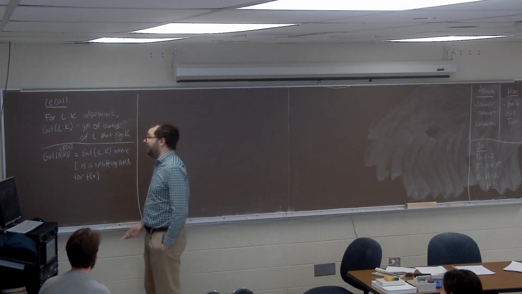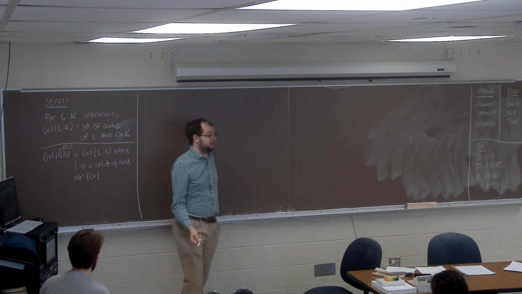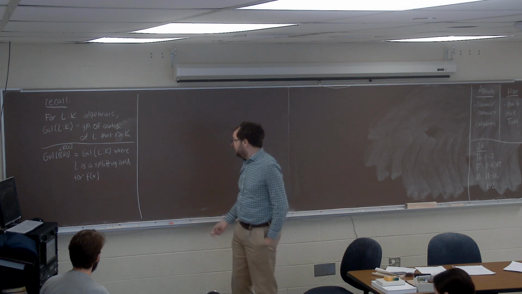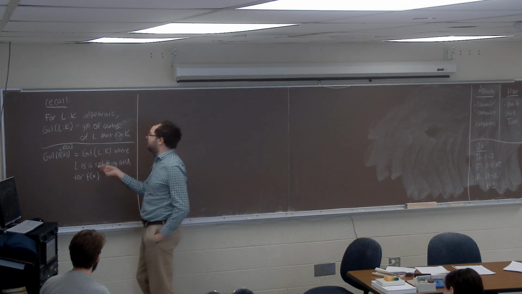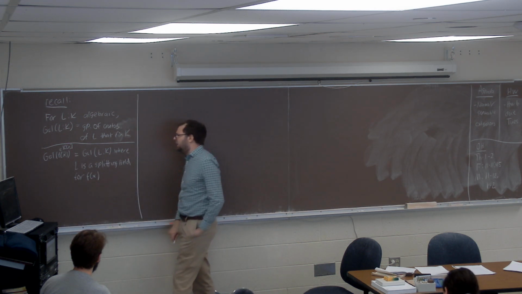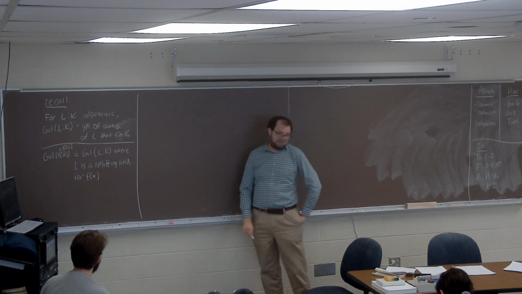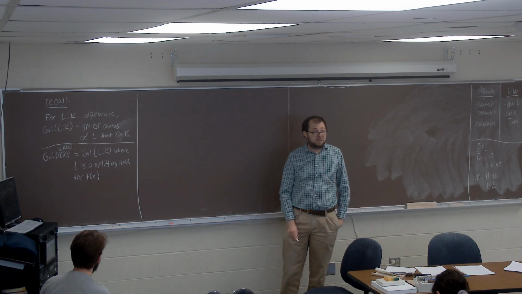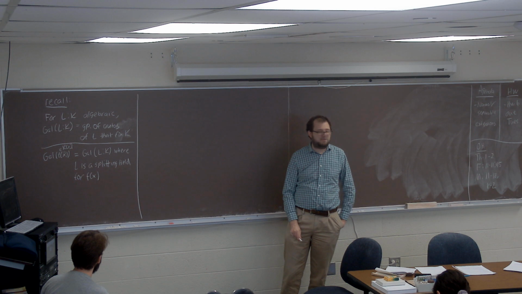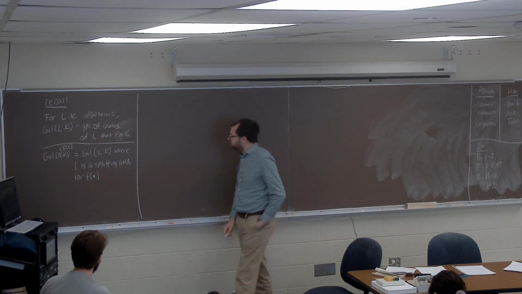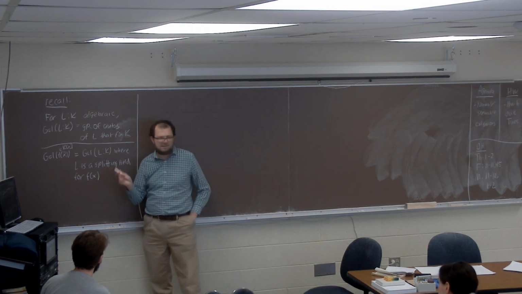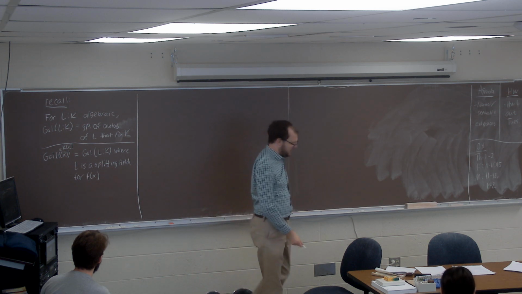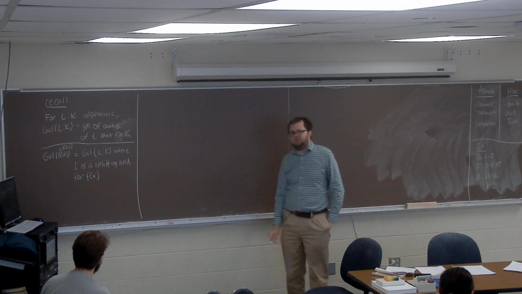So elements in L outside of K may or may not get mapped to themselves. And similarly, if you want to take the Galois group of some polynomial within K, just take the Galois group of the field extension where L is some splitting field over K. And by our uniqueness of splitting fields, this becomes a well-defined thing.